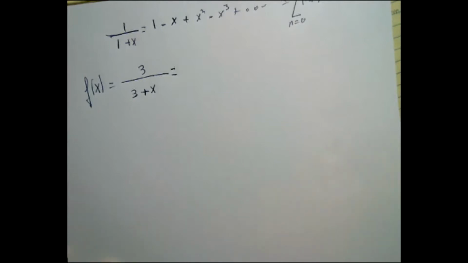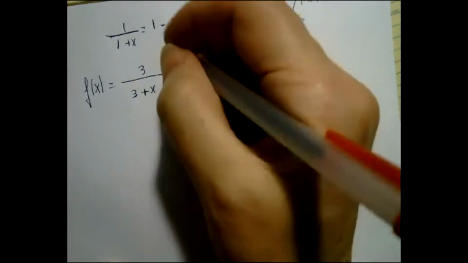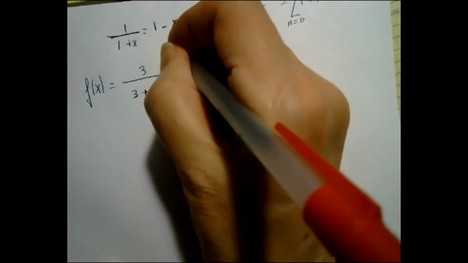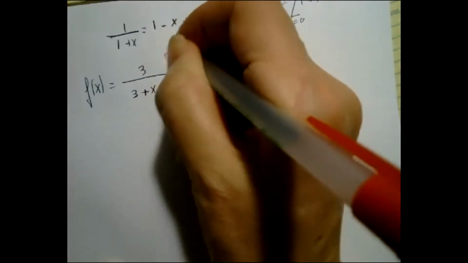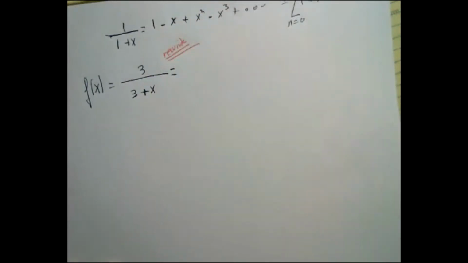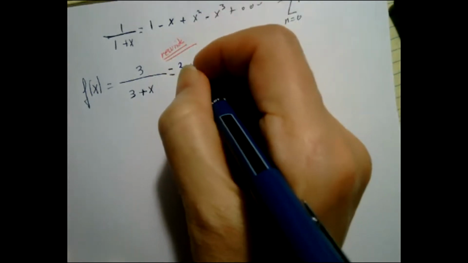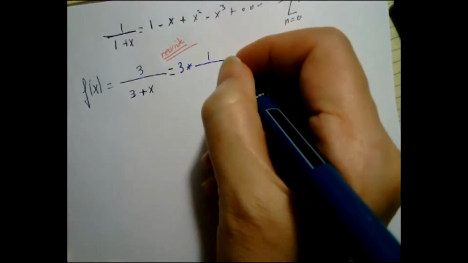Now back to you guys: how are you going to rewrite this to relate? Now I'm listening to you. Would we rewrite 3 over 3 plus x as 3 times 1 over 1 plus x?